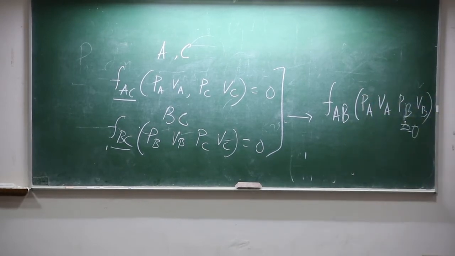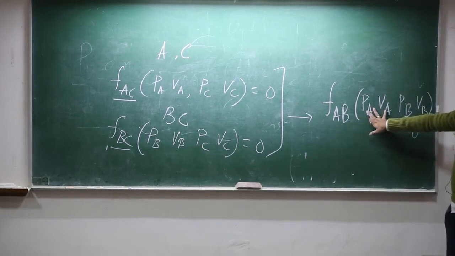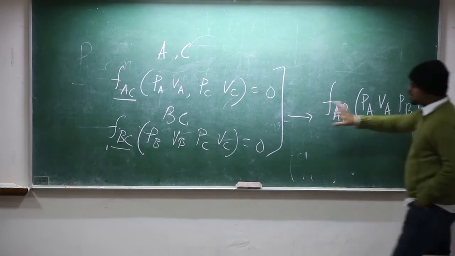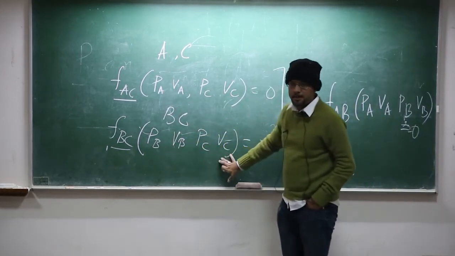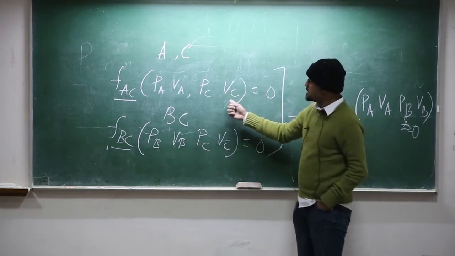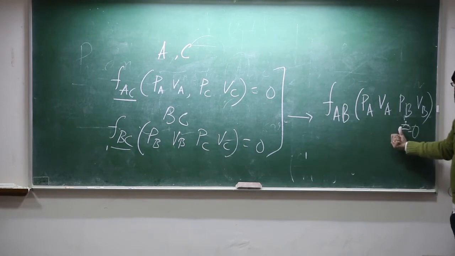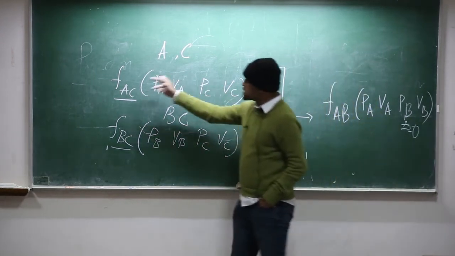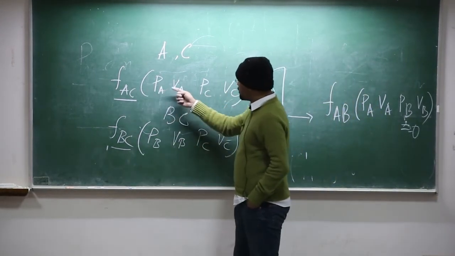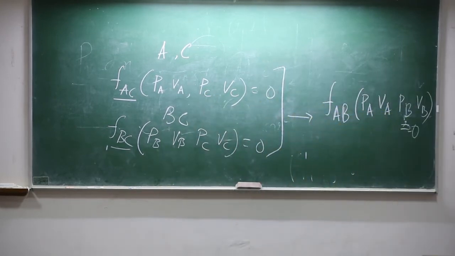So how can we achieve that? Look at this. Here you have only properties of A and B. Here you have properties of A and C. Here you have properties of B and C. Right? A and C in equilibrium, B and C in equilibrium, leading to A and B in equilibrium. If you look at these two, you can always do one thing. You can always write this equation in a slightly twisted form.